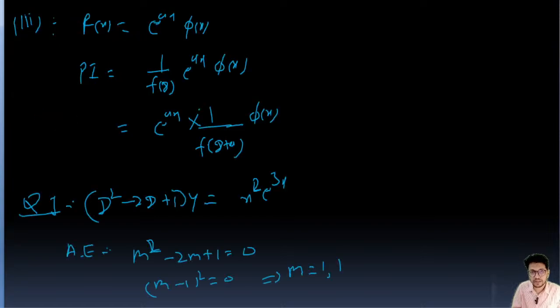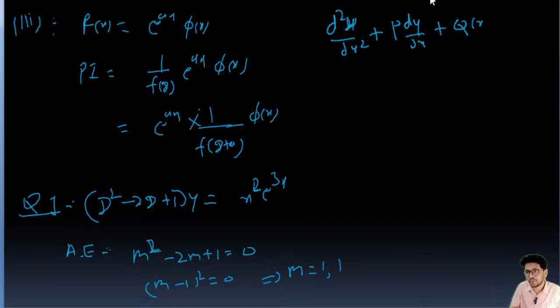Now PI is given, so R(x) is in this form. R(x) means we are solving a second order linear differential equation, d square y upon dx square plus P dy over dx plus Q y equal to R, where P, Q, R are functions of x.